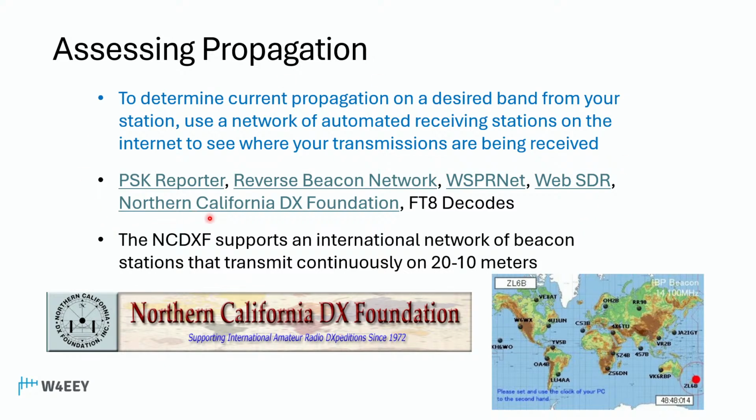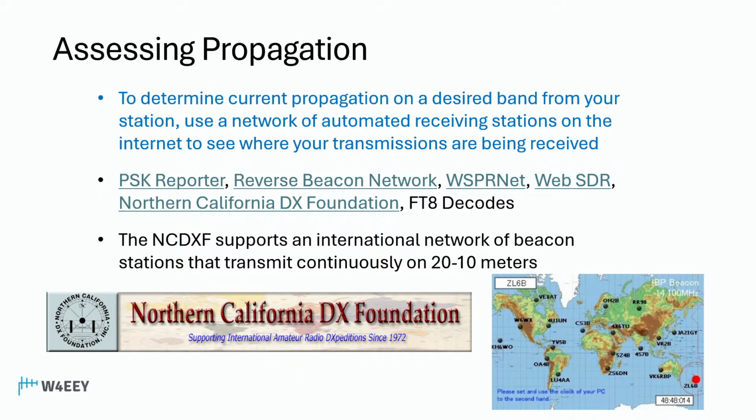There's something called the Northern California DX Foundation, and here's a little bit more about them down here. They've got listening stations all around the world. I think there's 18 countries represented. There's a little spattering. The world is pretty well covered. There are actually apps you can get for your computer or smartphone that know when to listen for these beacons being sent out by the Northern California DX Foundation.